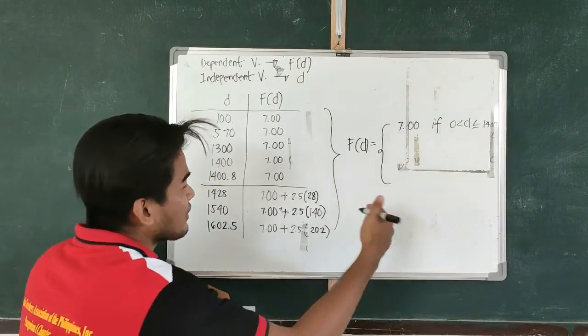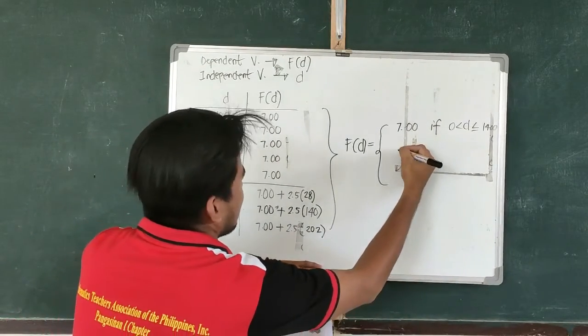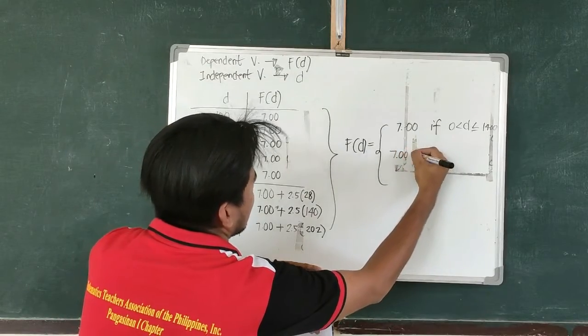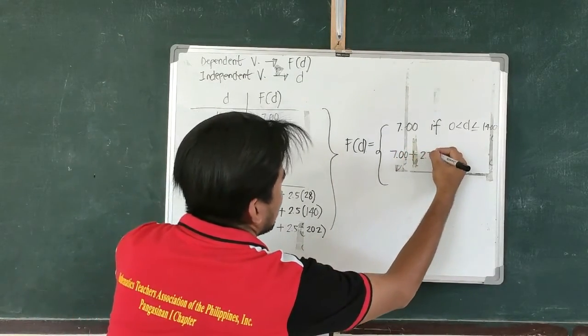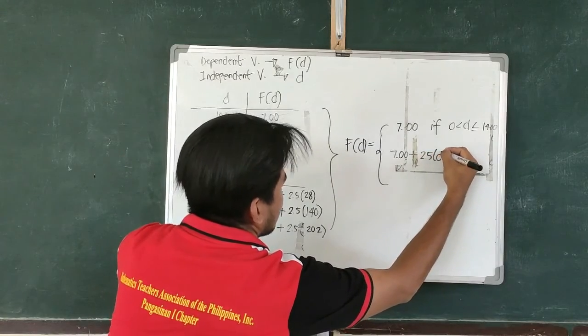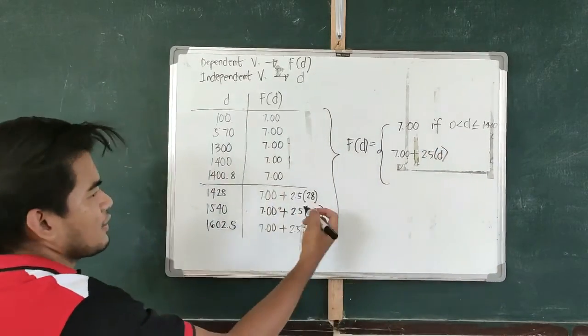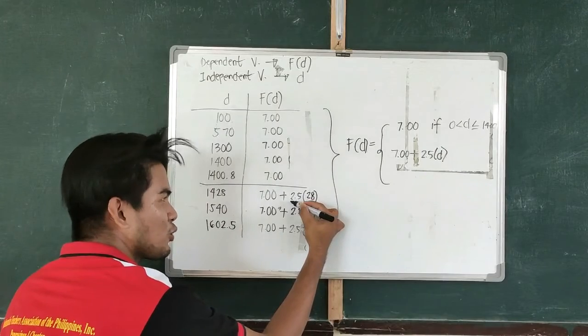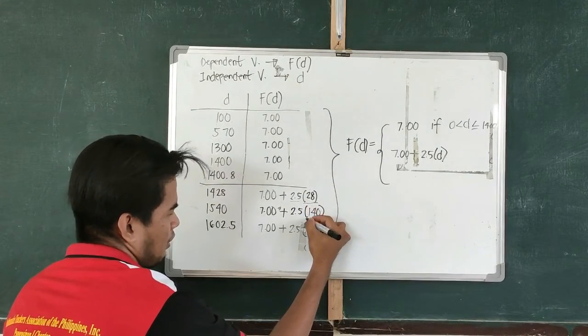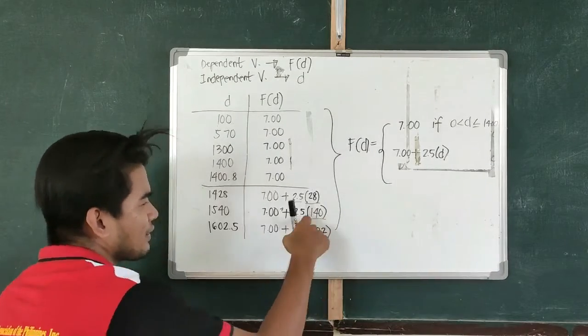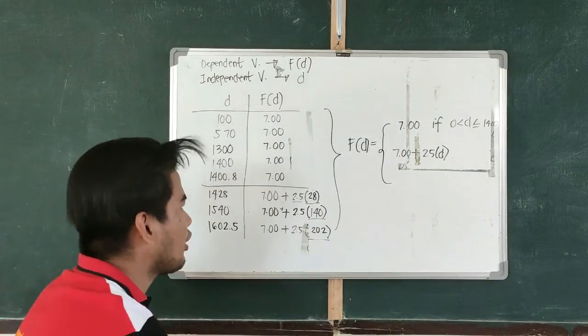Okay? Second formula is, it will be 7 pesos plus 250 times D. As you can see in this example, meron na tayong 2.5 and then may panibagong value na dumagdag sa ating babayaran. So ano ito?